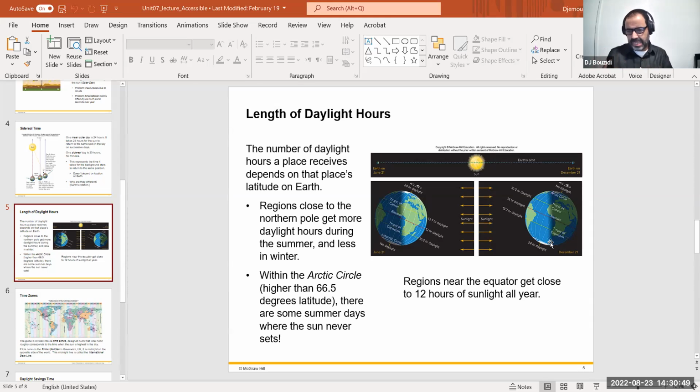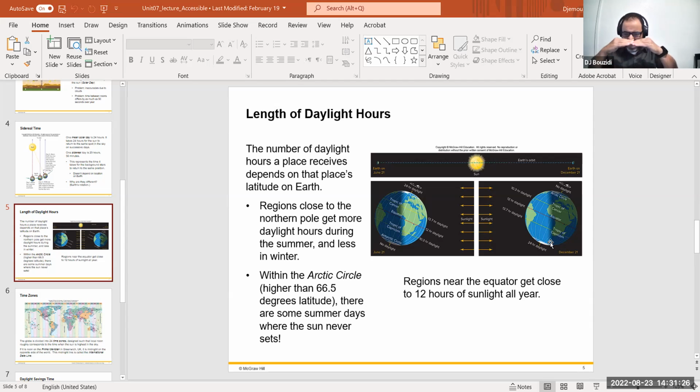Our nighttime then is less in the summer and more in the winter, and it's the opposite in the southern hemisphere. Okay, so the time can be drastic. For example, in North America, for the most part, in the summer, the daytime can be about 15 hours, okay, whereas the nighttime is the difference, which is about 9 hours. And the other way around is true for the winter.